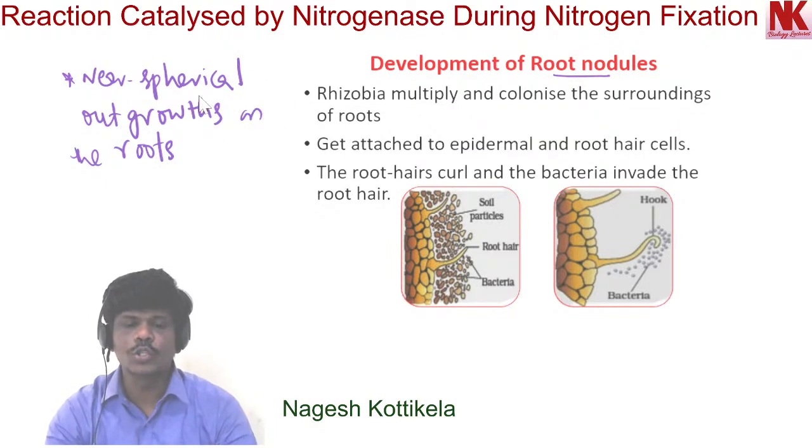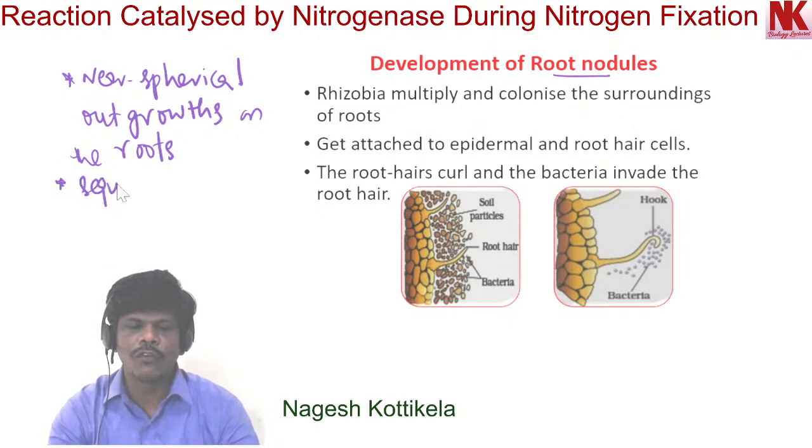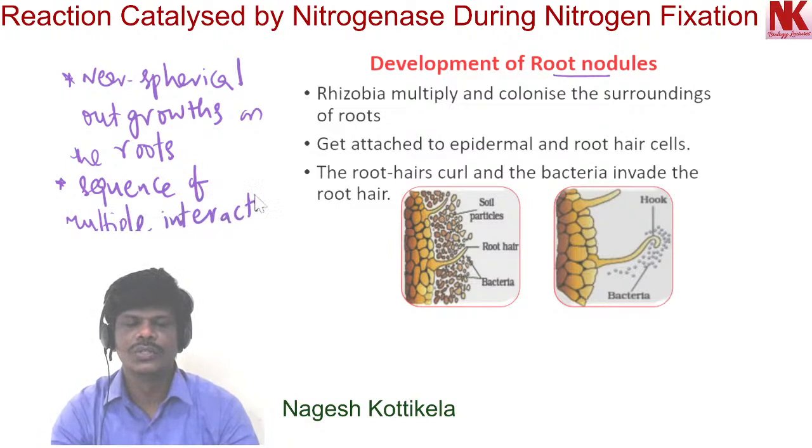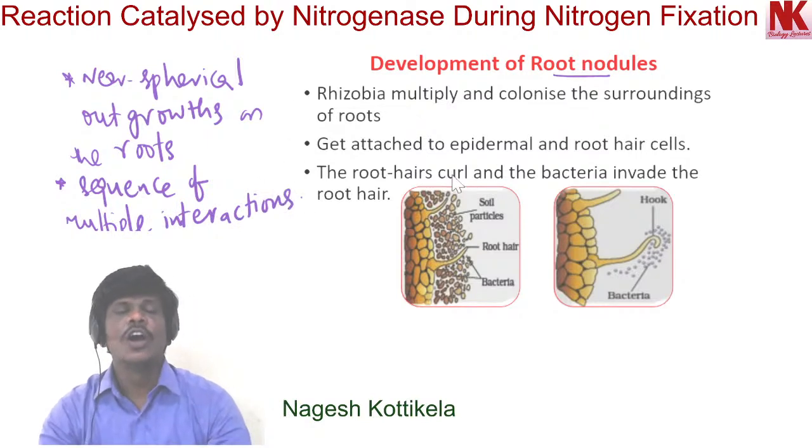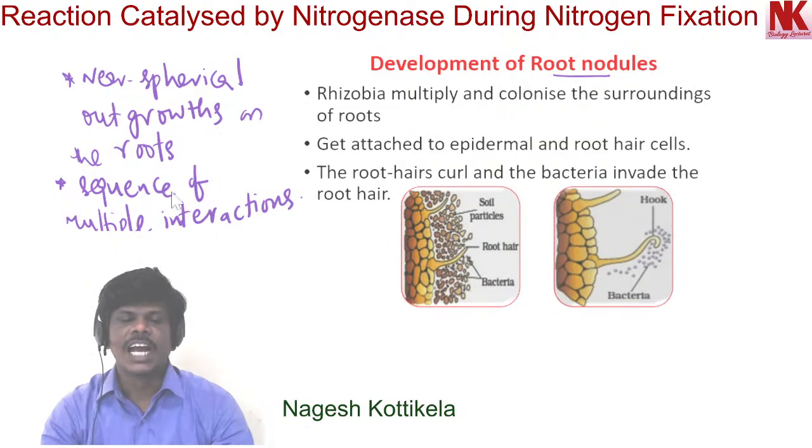Root nodule formation involves a sequence of multiple interactions between Rhizobium and the roots of the leguminous host plant. Rhizobia multiply and colonize the surroundings of the roots.